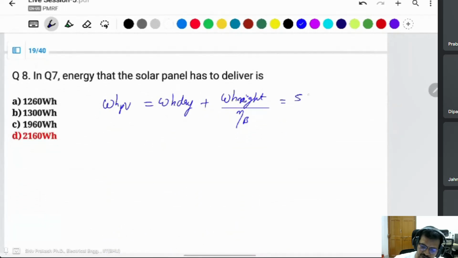Daytime is 560 watt, night time has 1120. If you take efficiency only, that will be 0.7, already considering 1600 plus 560.